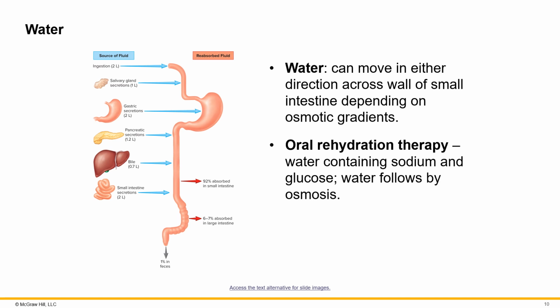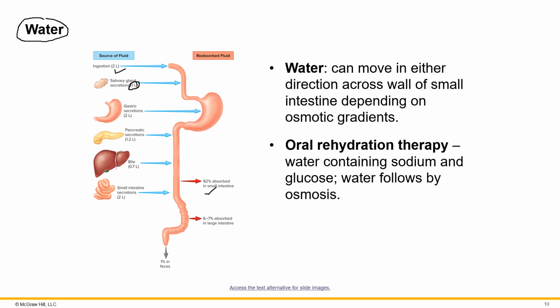So the last part of the digestive system involves absorption of water, because chyme has a lot of water content, and most of it is actually absorbed right into the small intestine. So typically we are ingesting about 2 liters of water. There's 1 liter of salivary secretion during any given day, and gastric secretions as well.